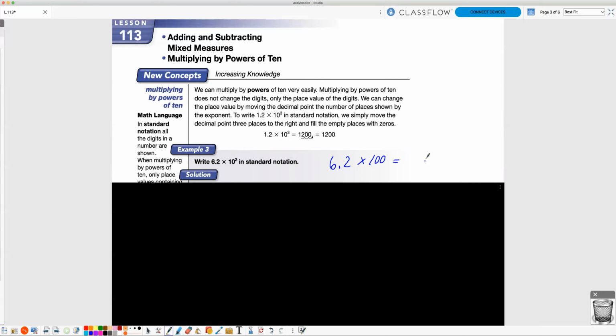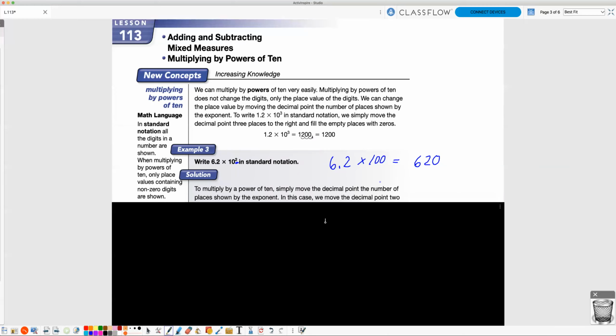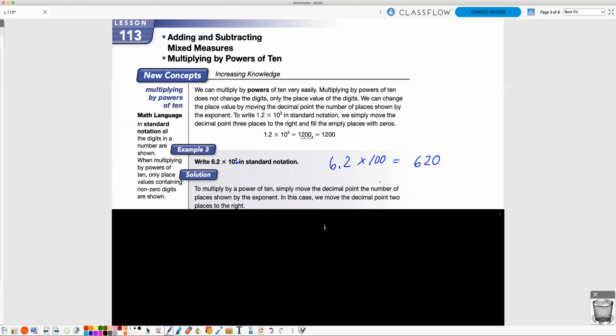It'd be the same as having 6 and 2, the decimal starts here, but we move it over 2 places, so we have to add another 0. If we count from this position right here, 1, 2, we now moved it over 2 places just as it's telling us there. To multiply by a power of 10, simply move the decimal point the number of places shown by the exponent. In this case, we move the decimal point 2 places to the right.